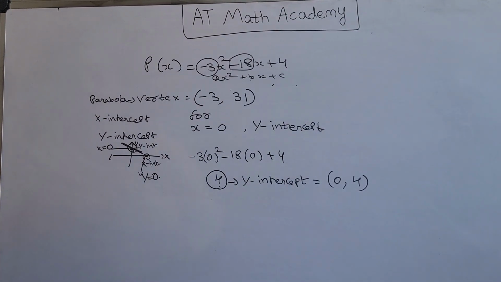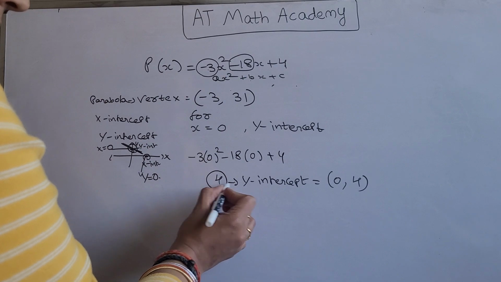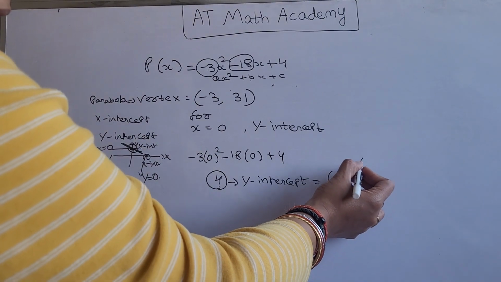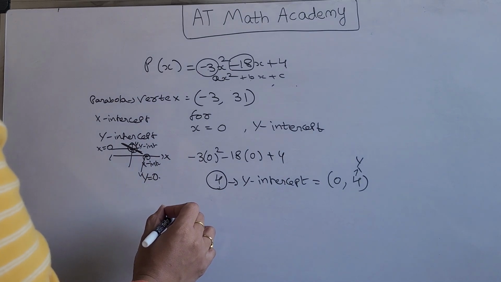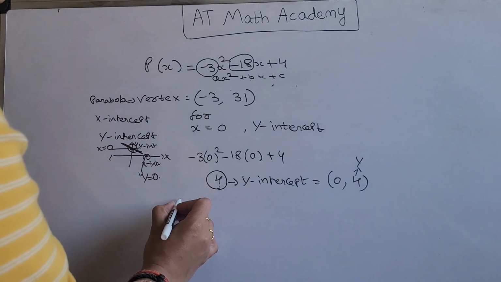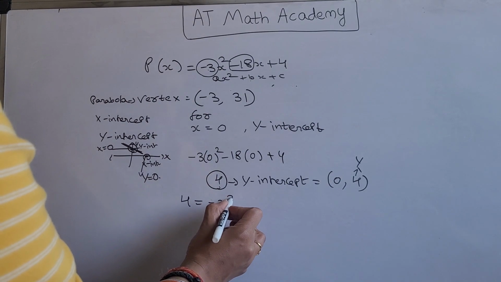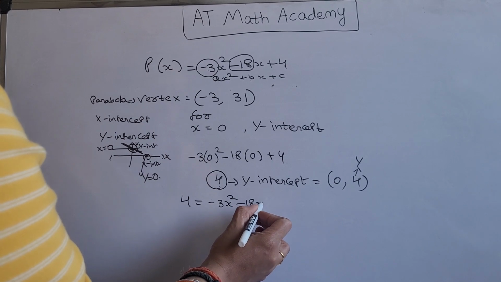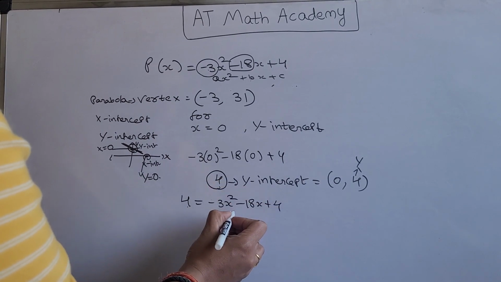As we got the y-intercept as 0 and 4, I know the value of y here is 4, and since it is a parabola, it has a reflection. So I'm taking the y value as 4 and I'm going to find my x values. So 4 is equal to the above parabola.